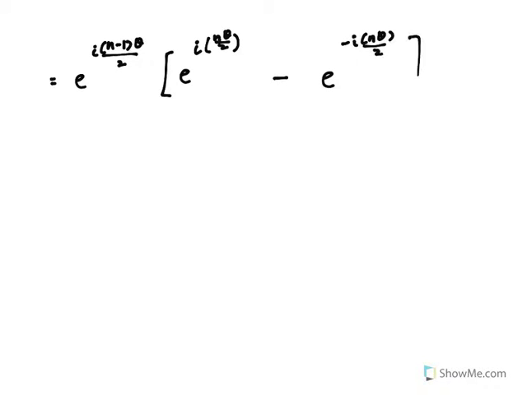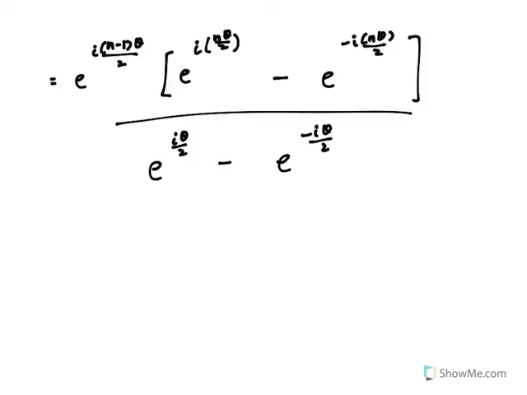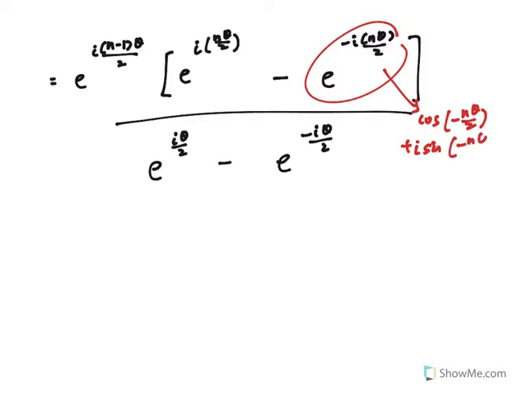And then this is where we really call upon Euler's formula. e to the power i theta over 2 minus e to the power negative i theta over 2. This is where we call upon Euler's formula. And this portion here will just be cosine of negative n theta over 2 plus i sine negative n theta over 2.